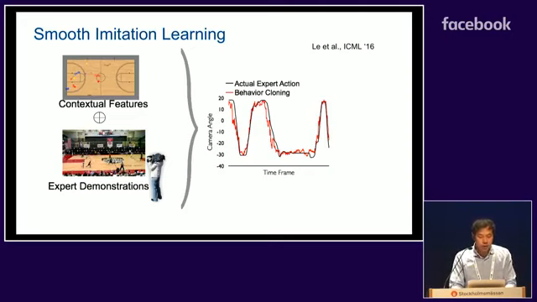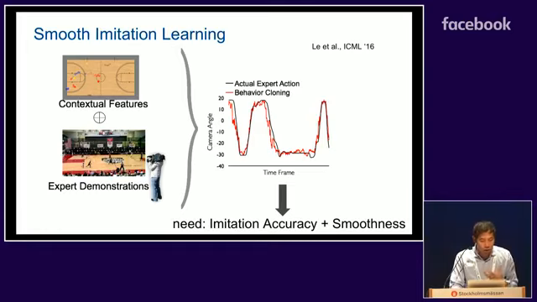The issue here is that we actually need both imitation accuracy and smooth actions. The reason behavior cloning is not smooth is because the function class that we consider here to learn the policy is highly expressive. Typically, we use some black box method like a neural net or decision trees. And in trying to maximize accuracy, it reacts to all the small changes in the state features.